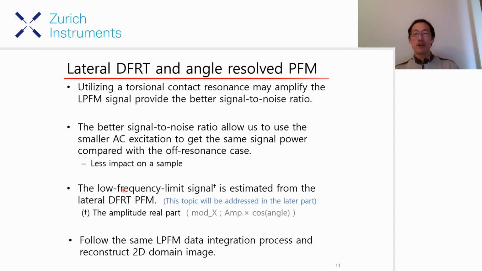I mean, let's say a 100 picometer change of the surface along the out-of-plane direction will give you a certain amount of deflection change in your photodetector. But it does not mean that the same 100 picometer in-plane motion will give you the same amount of lateral or torsional photodetector value. So we have to somehow calibrate that the first time.